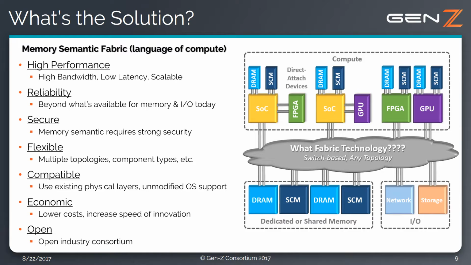It must be reliable and secure. If we are connecting persistent memory to a fabric to be shared by many processors, it had better have rock-solid reliability and be secure enough to prevent inadvertent or malicious accesses to business-critical data. You can think of these features in a similar way to how we make reliable and secure high-end storage systems today, but for memory. It needs to be flexible, to be able to implement this technology in as many places as possible throughout the infrastructure.